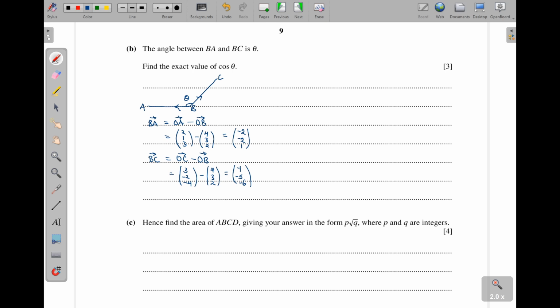Okay, now having gotten those two vectors, since here we are talking about an angle between two vectors, then I'm going to use the scalar product, or the dot product. So using the scalar product, we are going to have BA, we dot it with BC, then this one is equal to the modulus of BA times the modulus of BC, then cosine of the angle in between them.